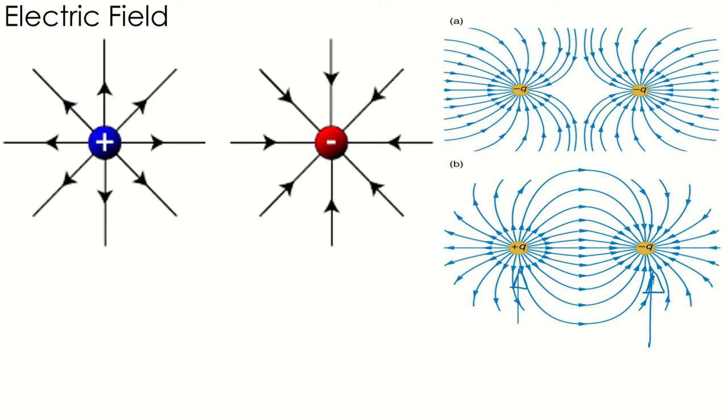For charges which are both negative, the electric field lines don't support each other, so they repel each other. A point charge means a charge that cannot be further divided.